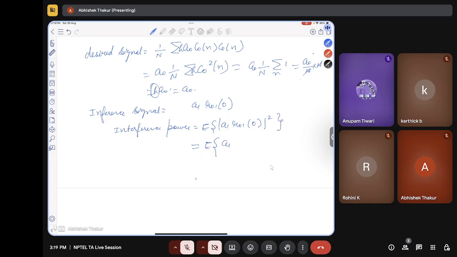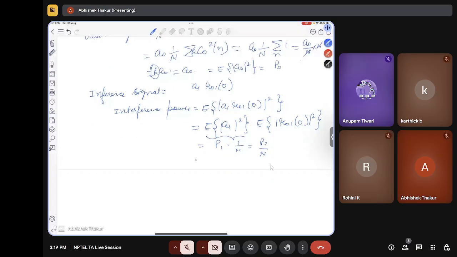A1 and R01 are independent, so we can take it like this. So this A1, the power of P1 into 1 by n, so this is P1 by n. And for this, the expectation of A naught square will be P naught.